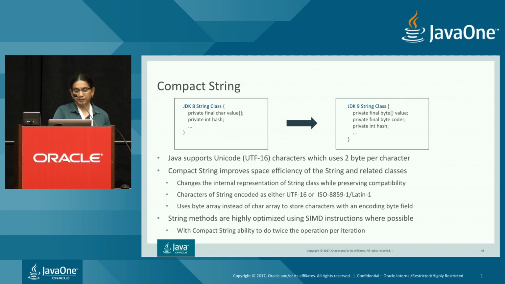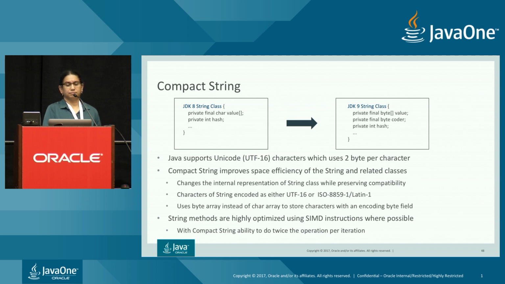But for ASCII and English, the upper byte is always 0, so you can use a single byte per character. Without changing what is visible to the user, internally the storage is changed from a character array to a byte array. If all the elements of the string fit within a byte, then they are stored in single bytes. If not, the string is inflated and 2 bytes are used per element.